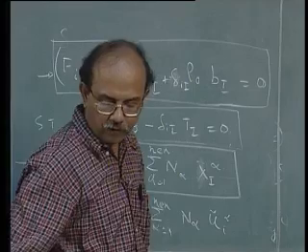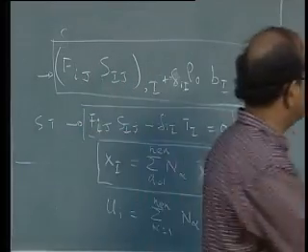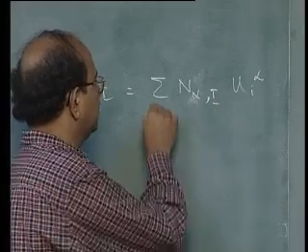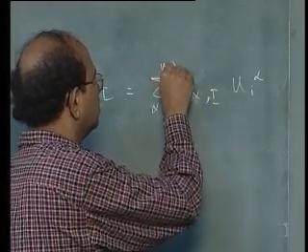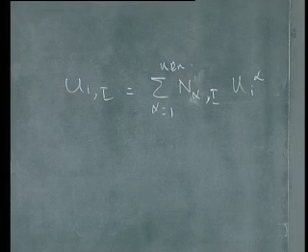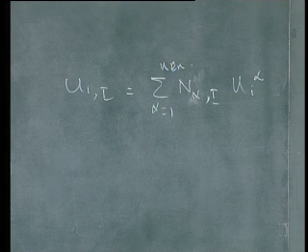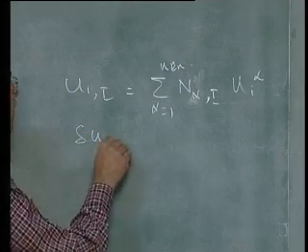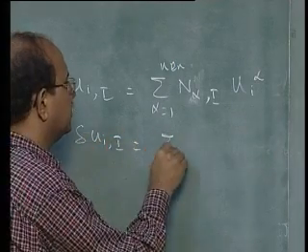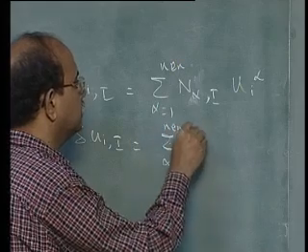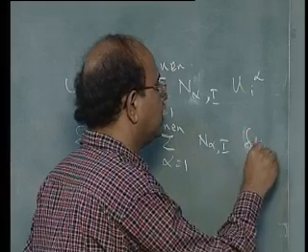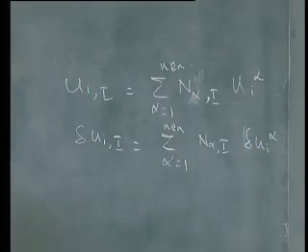Yeah, N alpha comma I, sorry, we'll put that as I, N alpha comma I, Ui alpha, alpha is 1 to n. Yeah, so that is Ui comma I, right? So if I want to write this as delta Ui comma I, that will be 1 to n, N alpha comma I, delta Ui alpha.